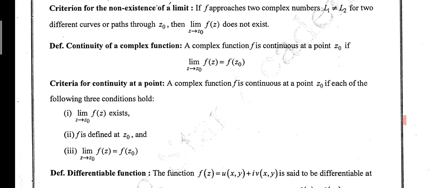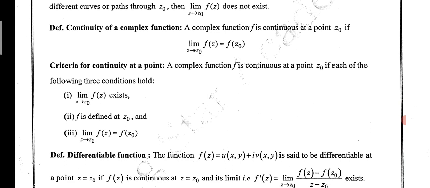The first condition: limit z tends to z0 f of z exists. The limit should exist. The second: f is defined at z0. And third: limit z tends to z0 f of z equal to f of z0. This is the criteria for continuity at a point.